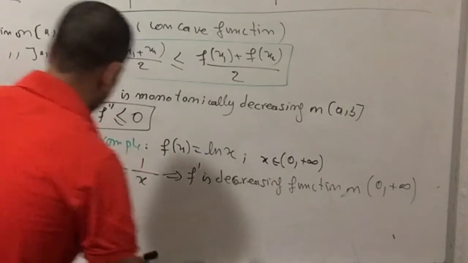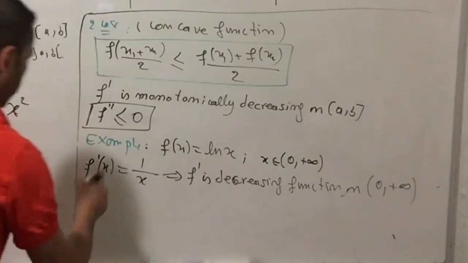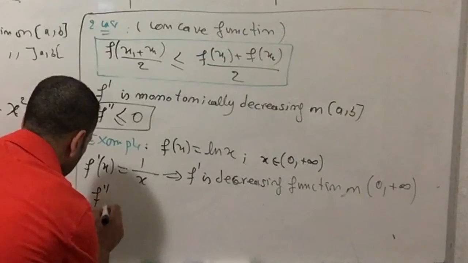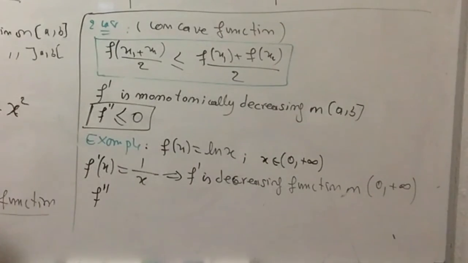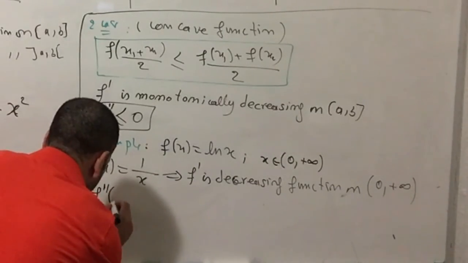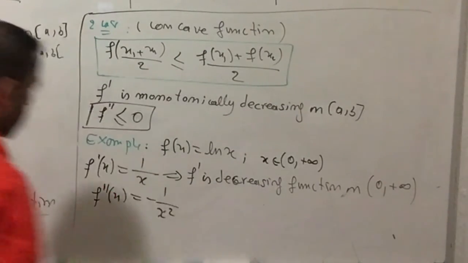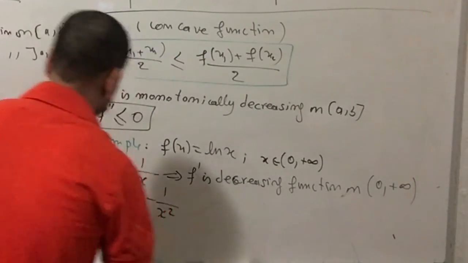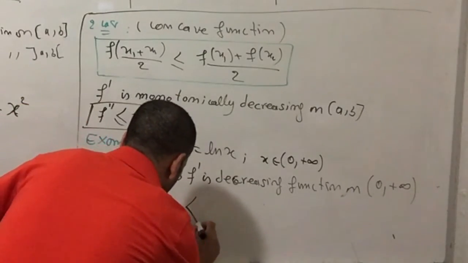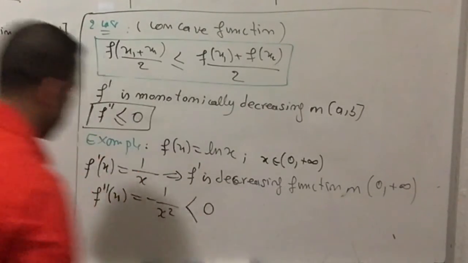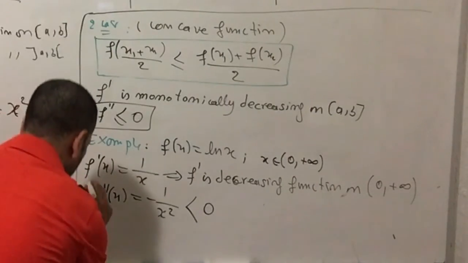And then if I calculate the second derivative of this function, it is given as minus 1 over x squared. If you take a look here, this is strictly inferior to 0. That's what I'm looking for.